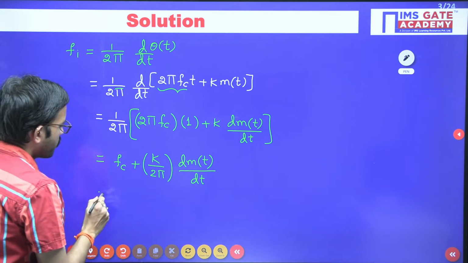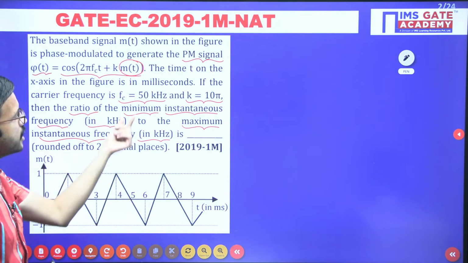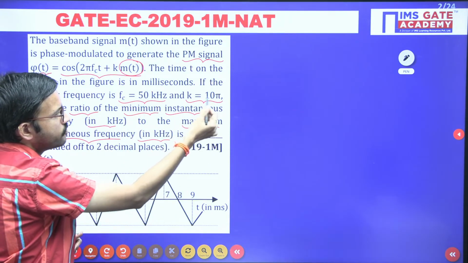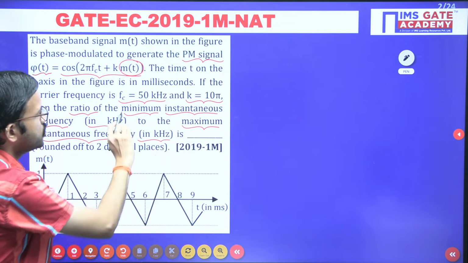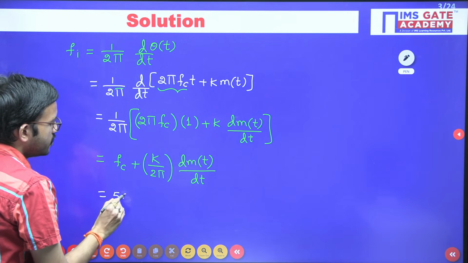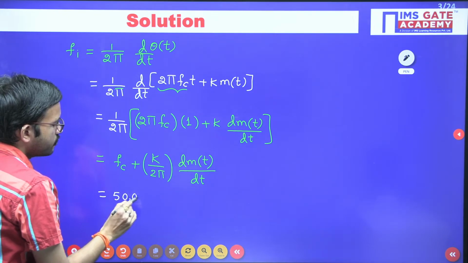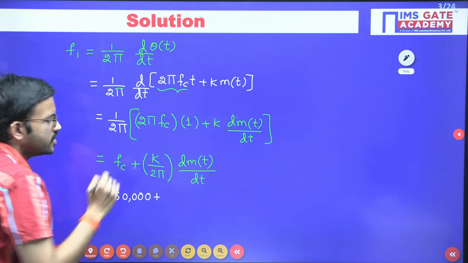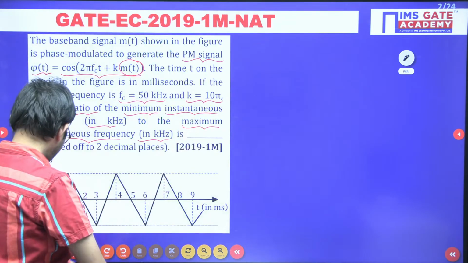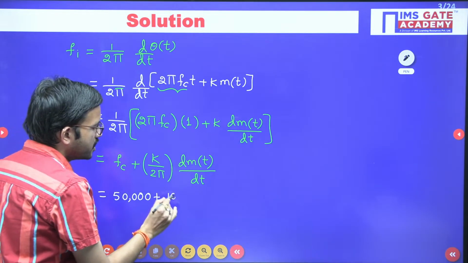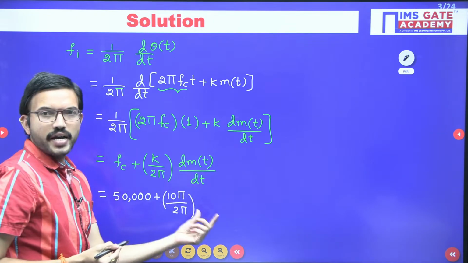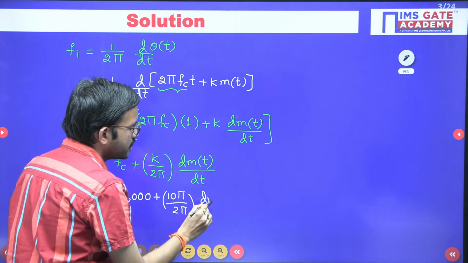Now, according to the given question, the carrier frequency they have mentioned is 50 kilohertz, and the phase constant they have mentioned is 10 pi. You can substitute these two values here. fc is 50 kilohertz, so I am writing 50,000 hertz. And the k value they have mentioned is 10 pi, divided by 2 pi into this term as it is, dm of t by dt.